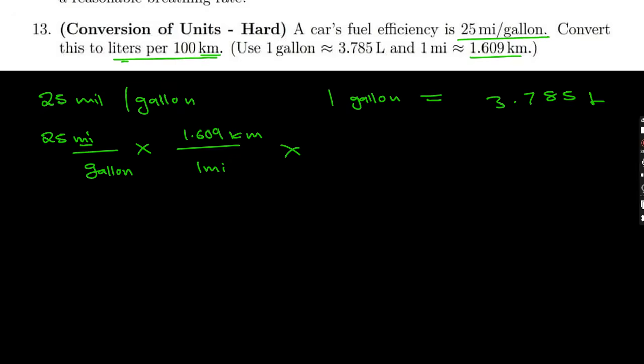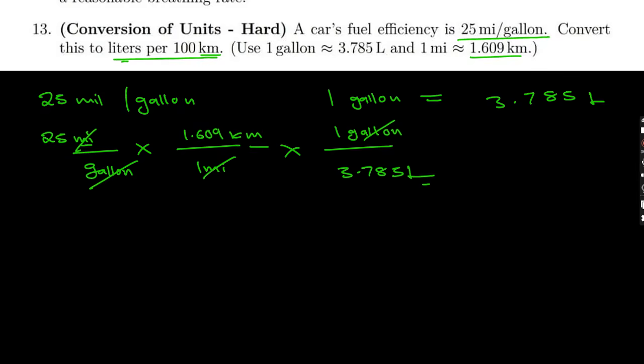Since gallon is in the denominator, this goes on top because we want to cancel it: 1 gallon is equal to 3.785 liters. Gallon and gallon will go, and we've just remained with kilometer per liter.